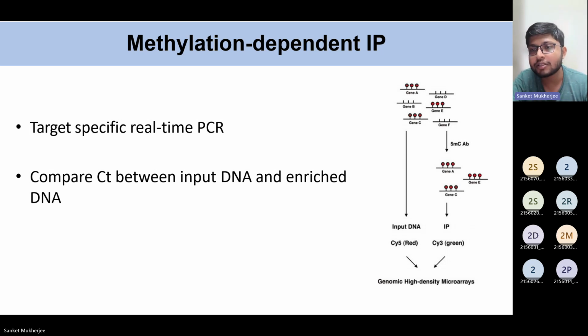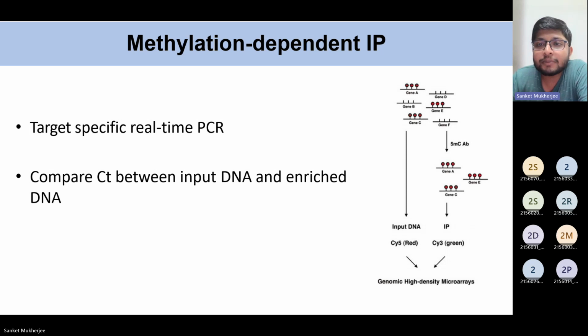Is that clear? There will be one antibody which will only bind to the methylated DNA. So if we pull down this antibody, then we will also get the methylated DNA together. That is actually immunoprecipitation.